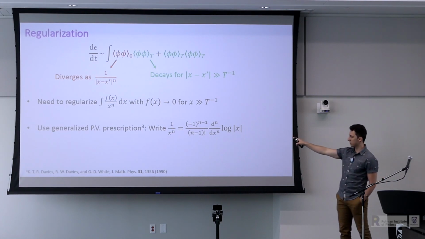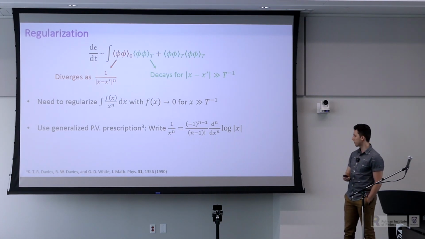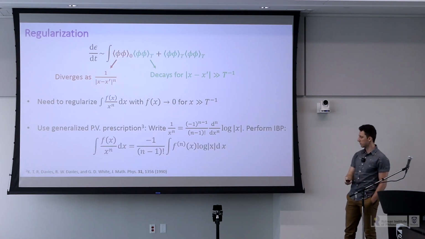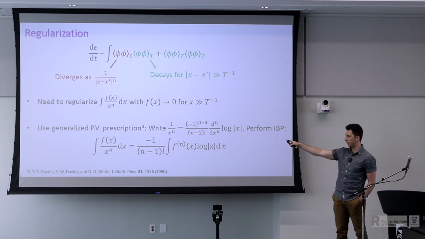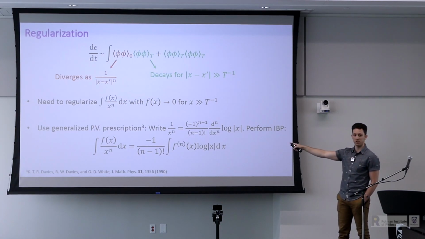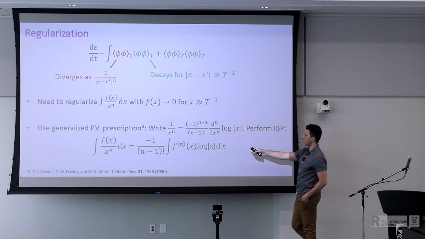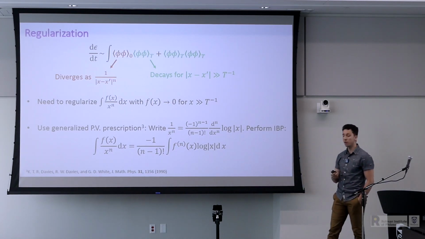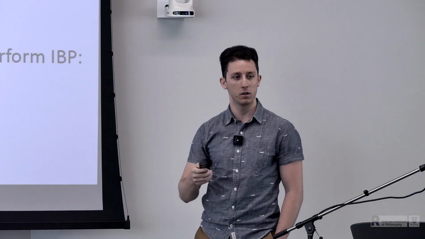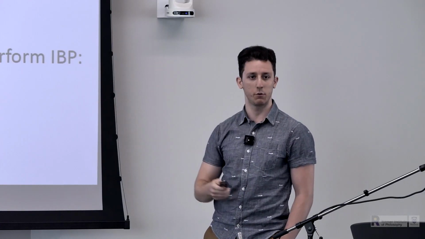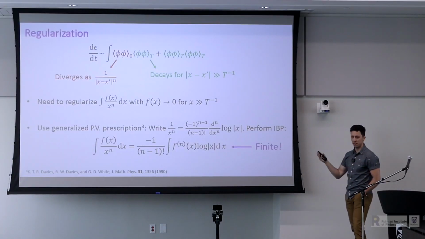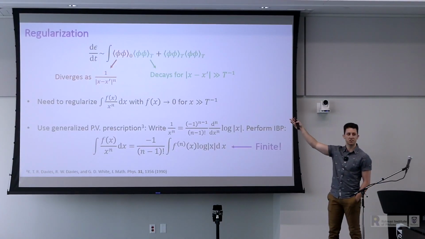Then, by substituting this expression into the integral and performing multiple integrations by parts, we find that the divergent integral turns into something like this, where now we only have a logarithmic divergence appearing in the integral. A logarithmic divergence is completely integrable, so we can integrate this right-hand side and we get a finite number. And so this allows us to regularize these persistent divergences that occur in our expression.